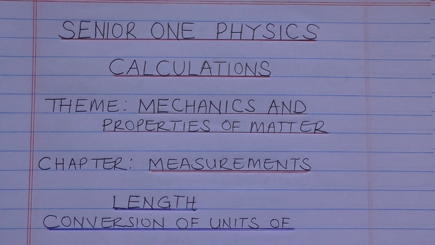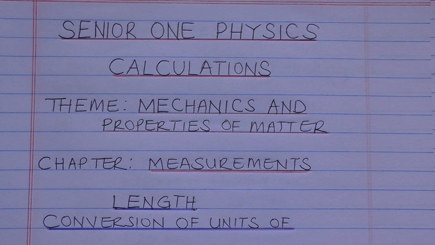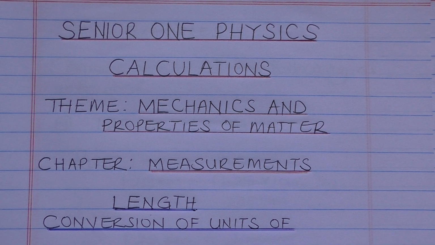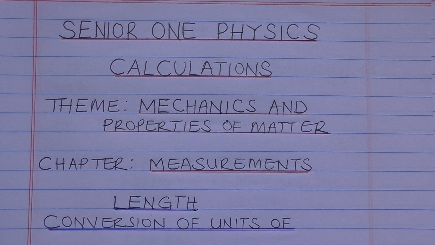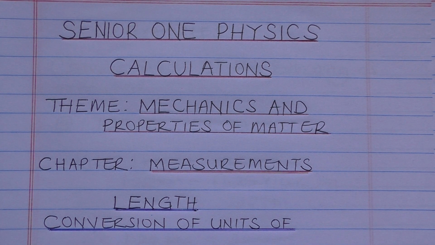So 14 is the magnitude and years is the unit. What is your mass? You tell me 50 kilograms. So 50 is the magnitude and kilograms is the unit. So we represent a physical quantity by a magnitude and a unit.